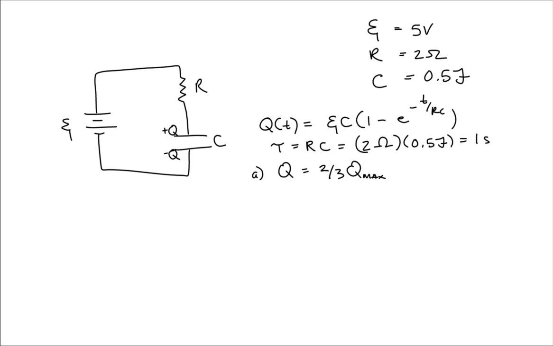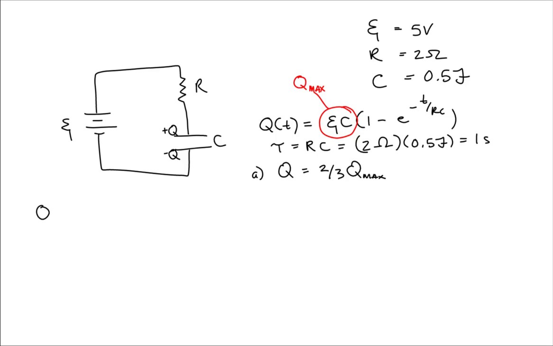So let's go ahead and look at this. One thing to recognize is this coefficient, the product of the potential difference of our battery and the capacitance. This coefficient corresponds to the maximum charge of our capacitor, and that takes place after a very long time, essentially when t goes to infinity.